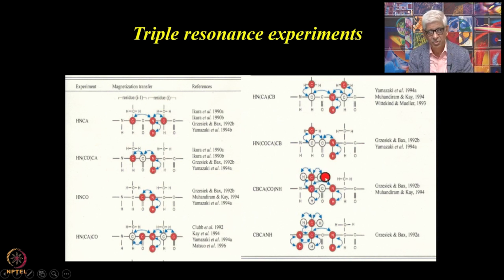The way you start and where you end will determine the way you design your pulse sequence, whether you want to start from the alpha proton or the beta proton or from the NH protons, and where you would finally come back and detect it. But ultimately you always want to detect on the amide protons. In this particular experiment you see two amide protons here.